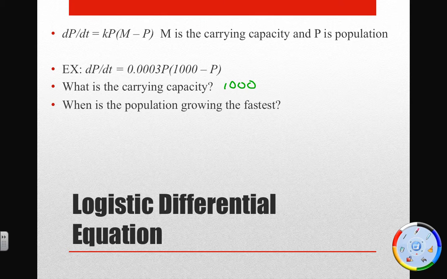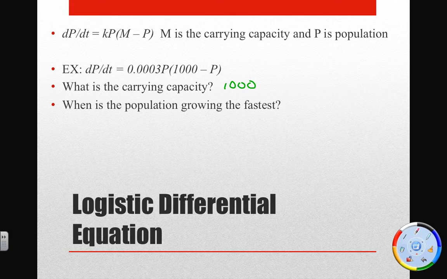A different question that we could ask is, when is the population growing the fastest? Well, this is already a rate, and if we want to know when the rate is the most, you can technically find the derivative of this, set it equal to 0, and solve.